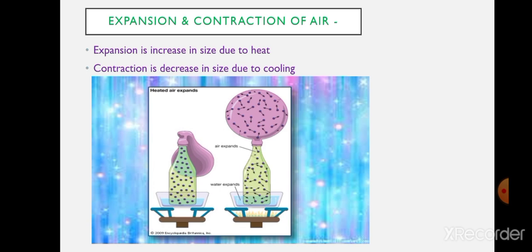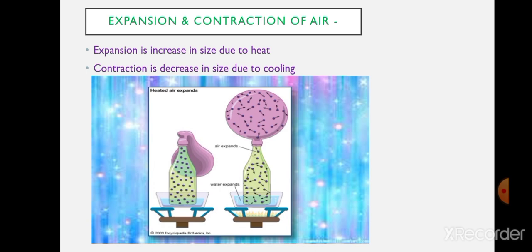This is because as the air in the bottle becomes warm, it expands, taking up more space. Now, if the bottle with the balloon is taken out of hot water and put into a container containing cold water, what happens? The air will shrink or contract. The balloon also will shrink in size. It will take less space and the balloon will deflate.